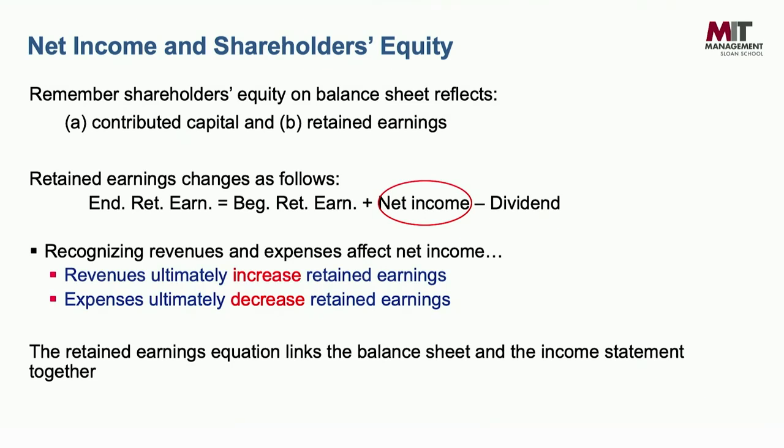So notice that net income is the difference between revenues and expenses. Revenues are going to increase retained earnings. Expenses are going to decrease retained earnings. So the retained earnings equation links the balance sheet and the income statement together.